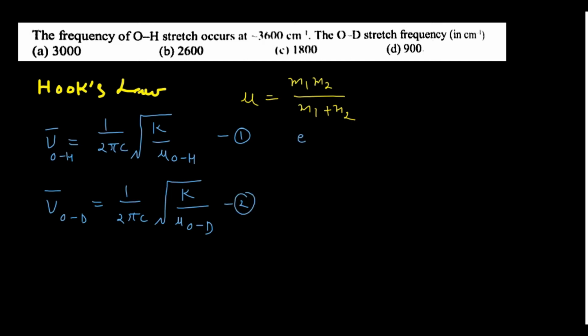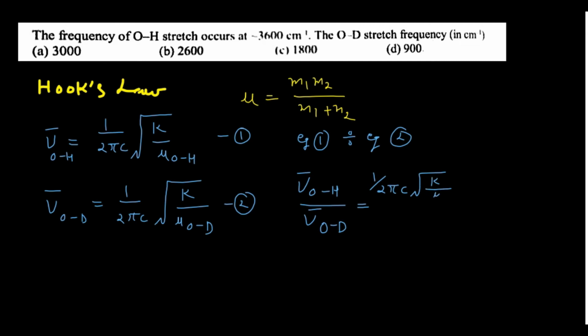From 1 and 2, you will take equation 1 and divide it by equation 2, okay? And when you do that, you will have nu bar OH divided by nu bar OD equals 1 upon 2 pi c square root of k by mu OH, divided by 1 upon 2 pi c square root of k divided by mu OD, right?